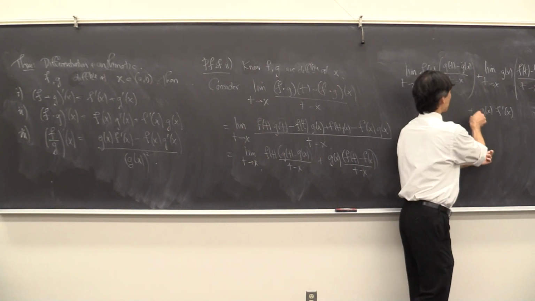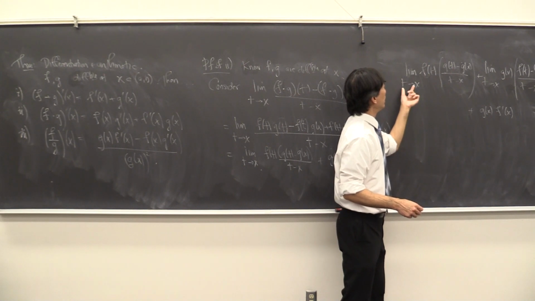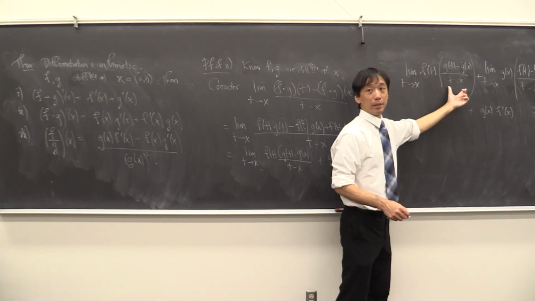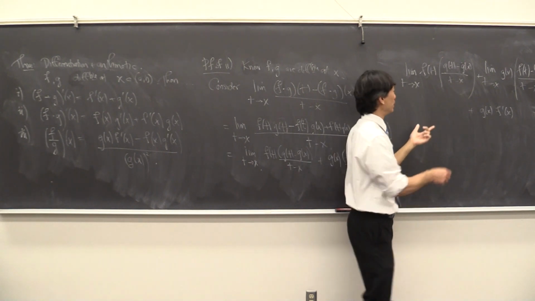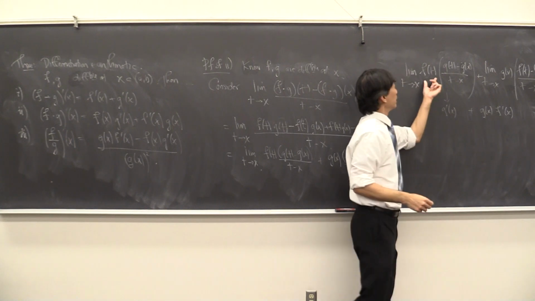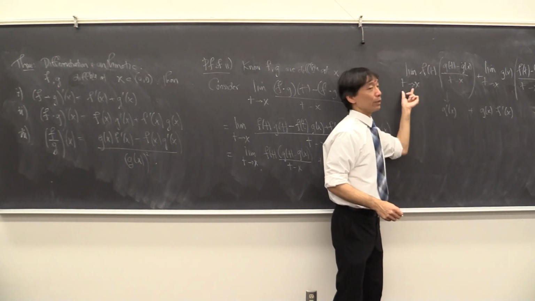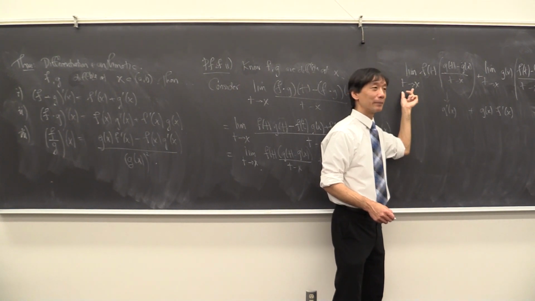Okay. Now let's come back to this guy. The limit of this thing is what? Of course, it's g prime. This thing goes to g prime of x. What about this thing? The limit of f of t as t goes to x. Charlotte?